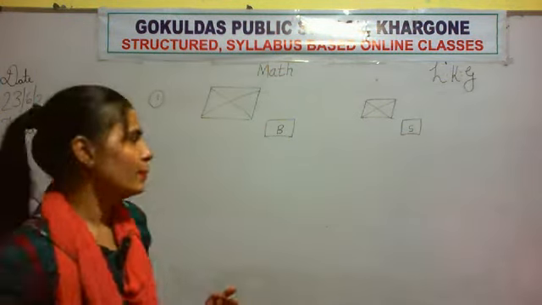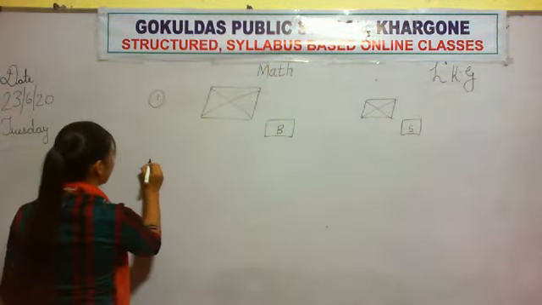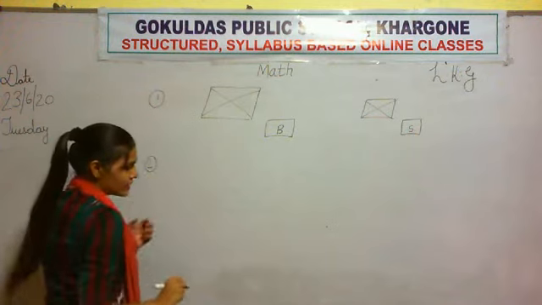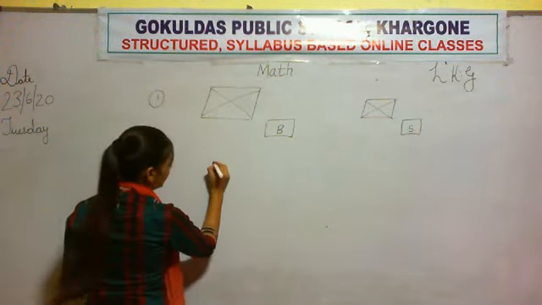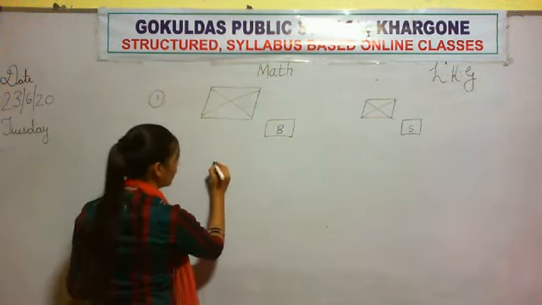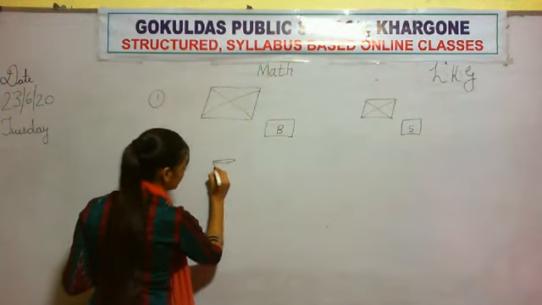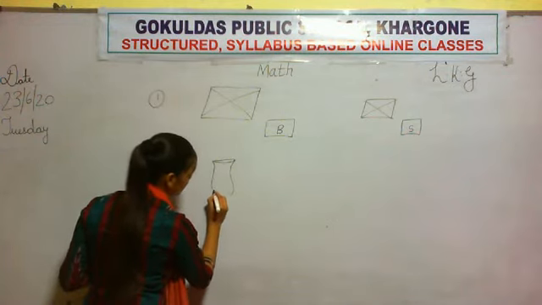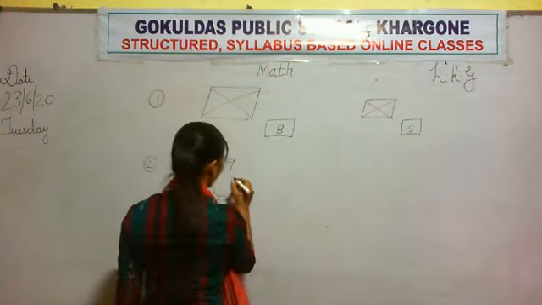First example is complete. Now you write the second example, big bottle, okay, and small bottle. Your water bottle.